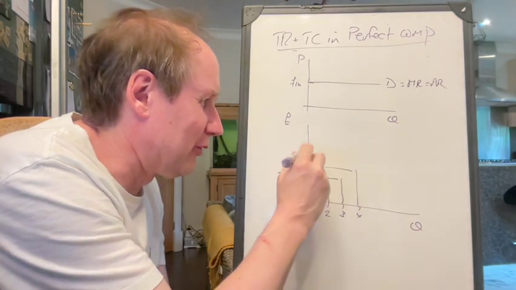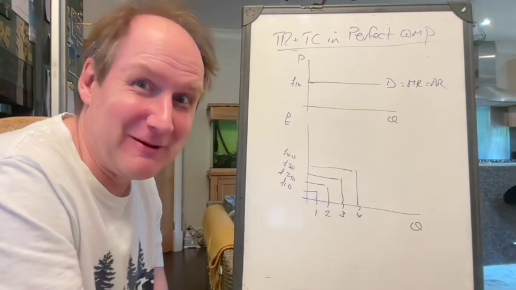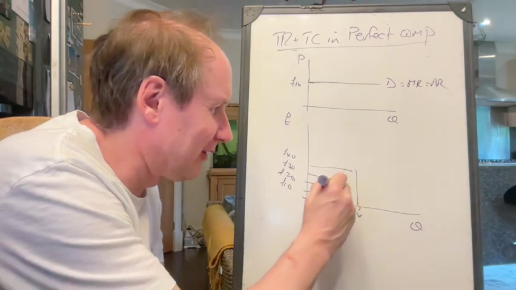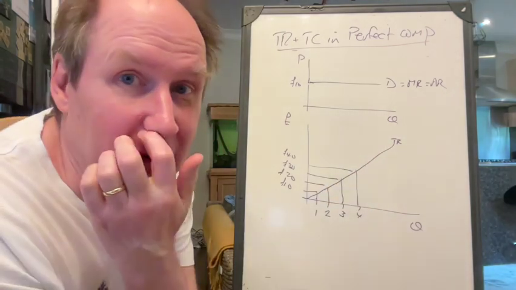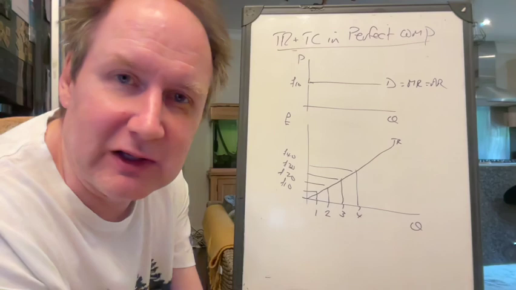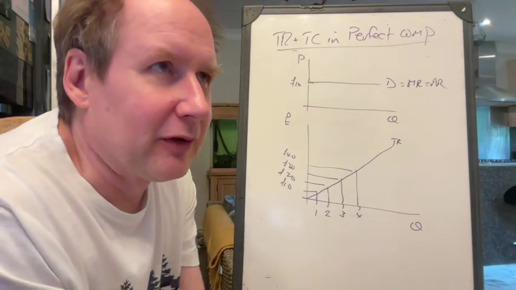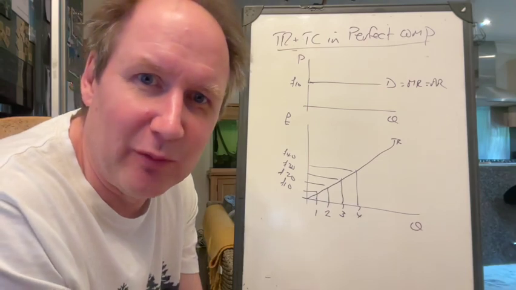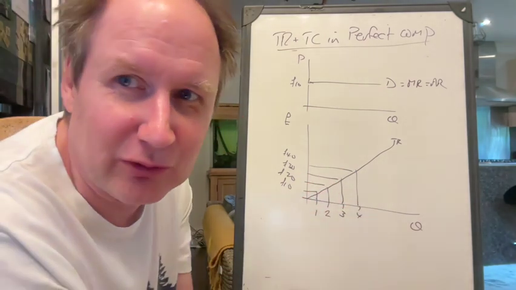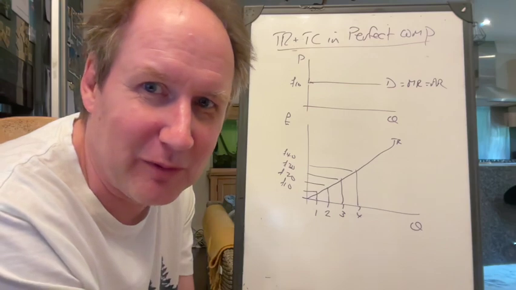And if it sells a fourth, 40 quid, but you get the idea. So total revenue simply looks like that, because the firm's very small relative to the size of the industry. One kebab van can sell pretty much as many kebabs as they want without influencing the total overall market for kebabs.